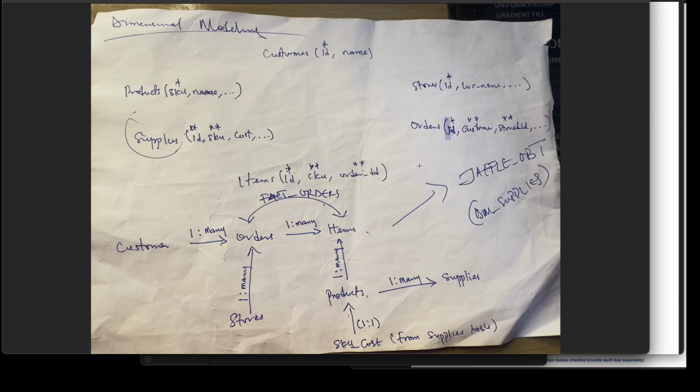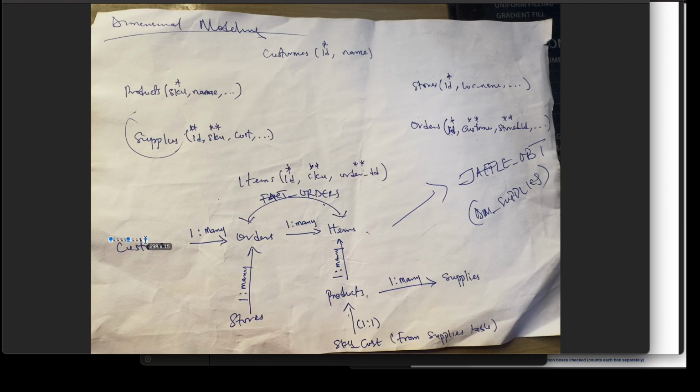But by the time you combine the orders table and the items table, which gives us fact orders, as you can see here, then it has to be the combination of both order ID and item ID that will give us our unique ID. So coming to how we connect the dots together.